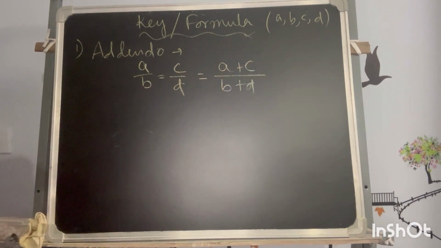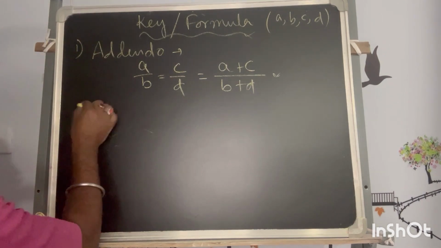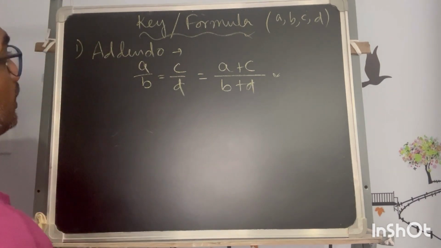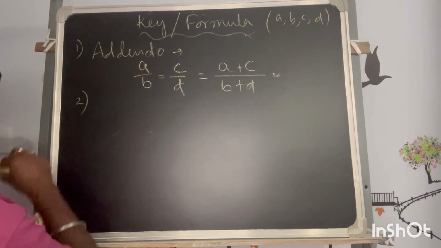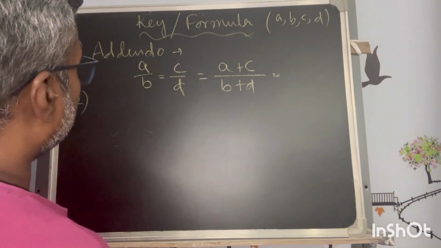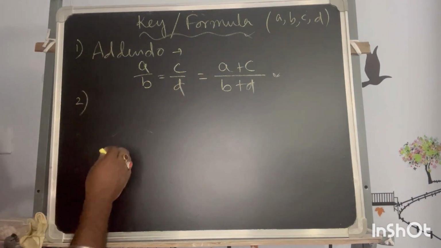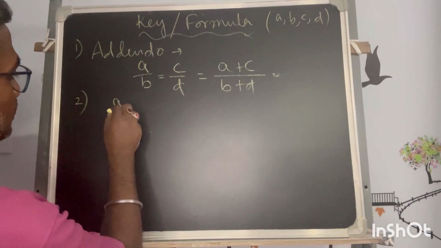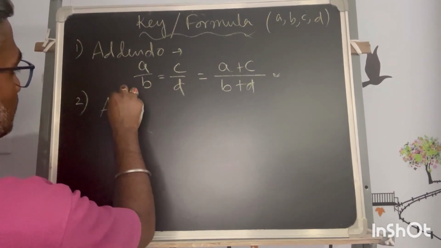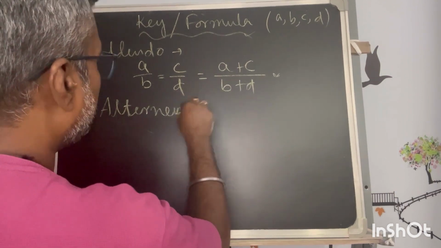So this is very useful, but how can you prove that? There are two methods of proving that. The first method, for that I have to take help of another concept, some key formula, that is, if a by b, this is called alternando.